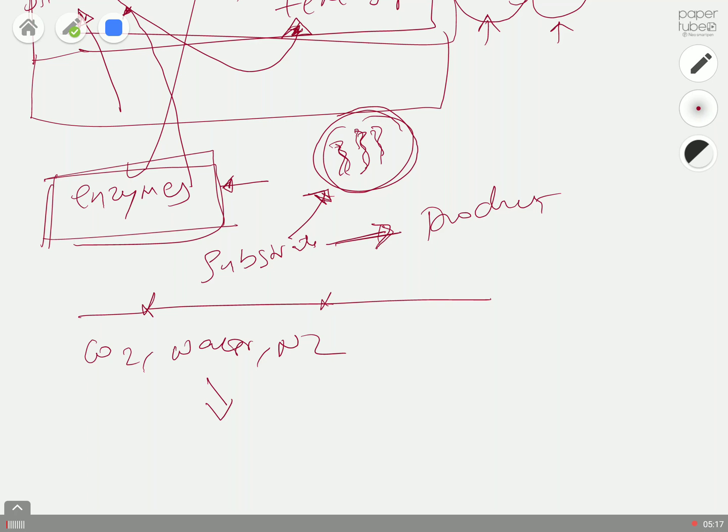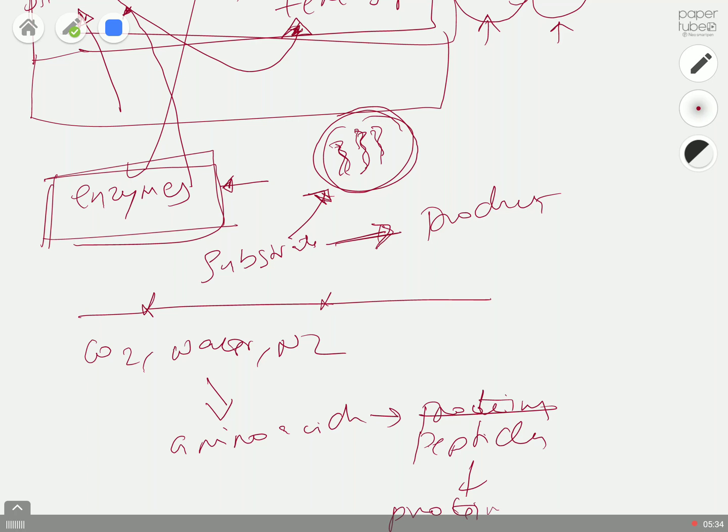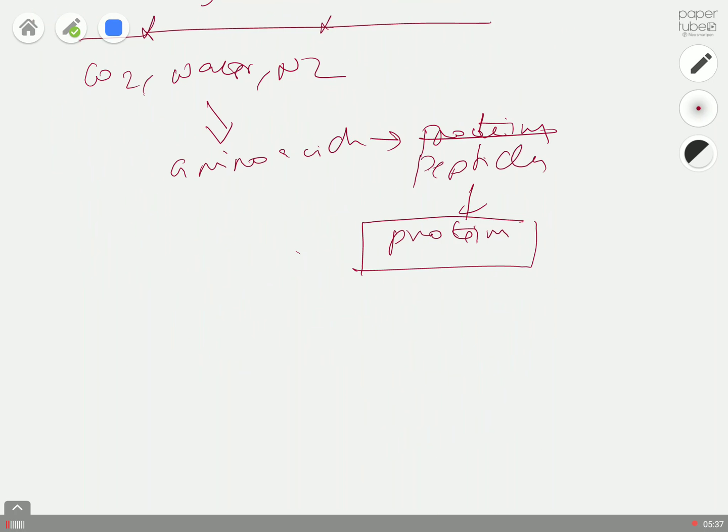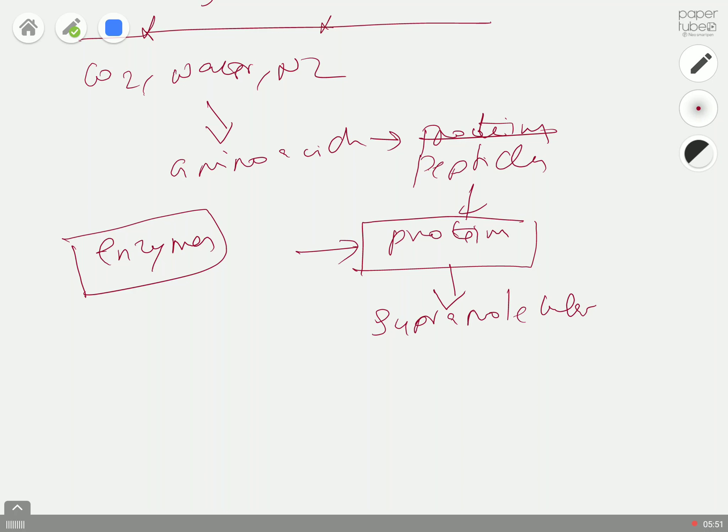The amino acids combine to form peptides, and the peptides combine to form proteins. So these are your enzymes. From proteins you go on to higher level molecular assemblies, which we call supramolecular assemblies.